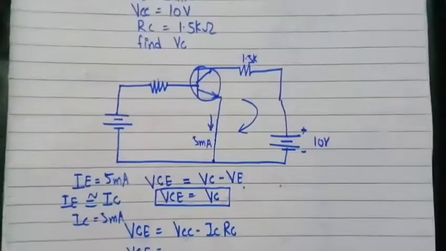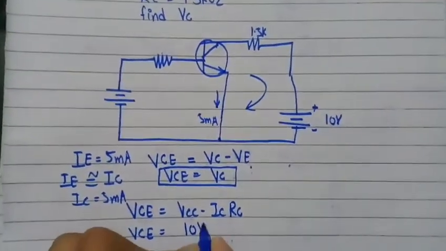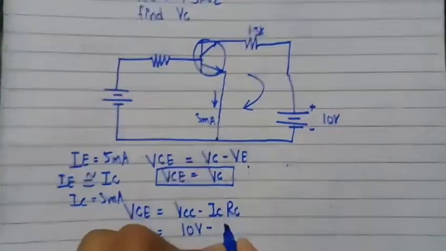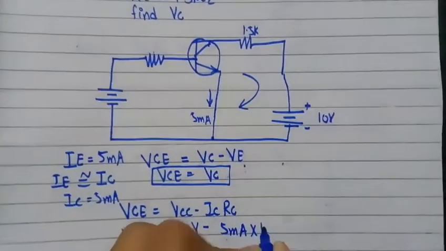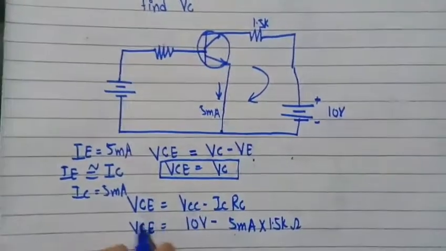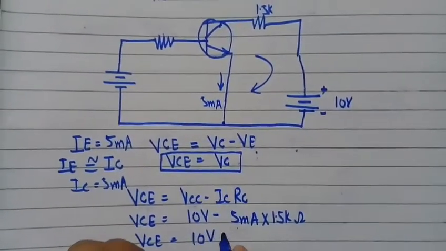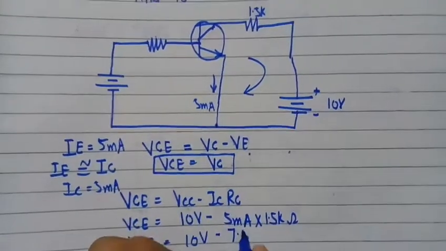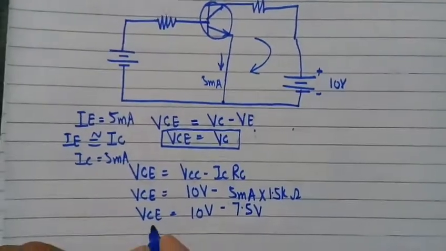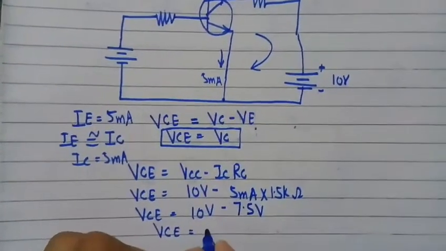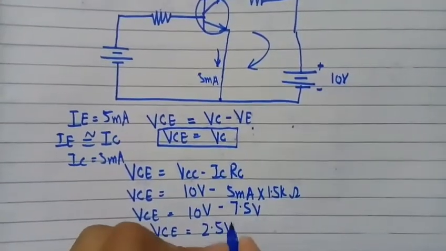VCC is 10 volts. So 10 volts minus IC of 5 milliamps and resistance of 1.5 kiloohms. So VCE will be equal to 10 volts minus 7.5 volts. So VCE will be equal to 2.5 volts.